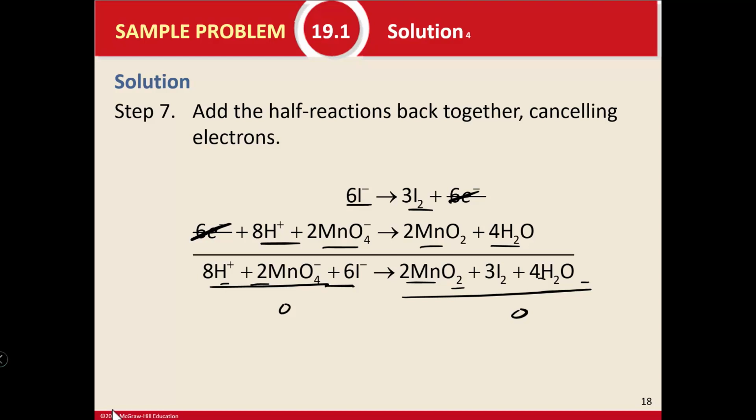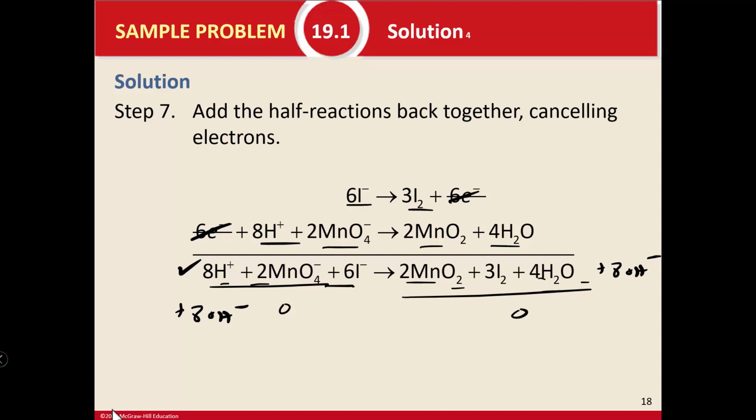So this could be one of your multiple choice answers. That's telling me you're not reading the question carefully enough, that this said in a basic solution. So to make this a basic solution, you have to add 8 hydroxide ions to the reactant side, and to keep this correct, there has to be 8 hydroxide ions added to this side.